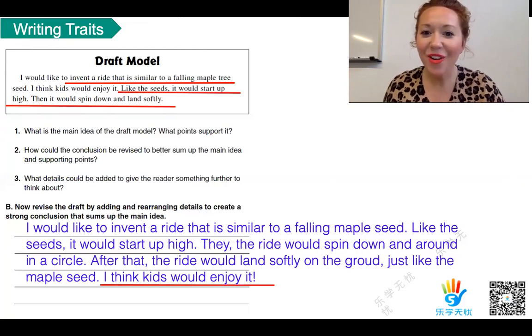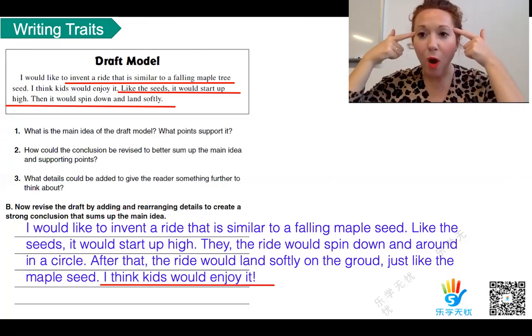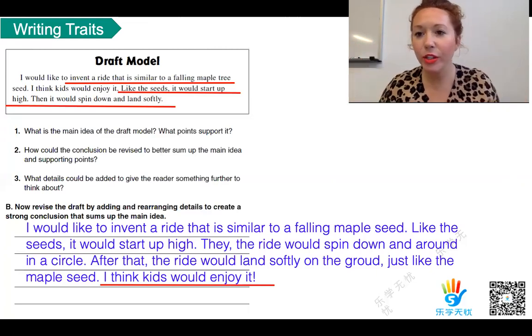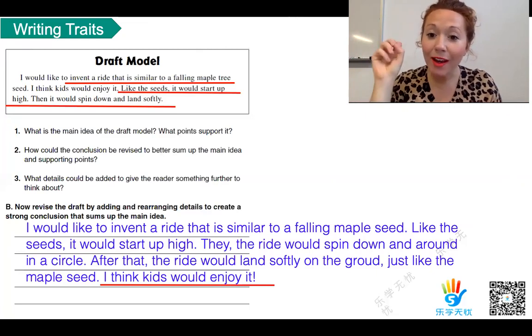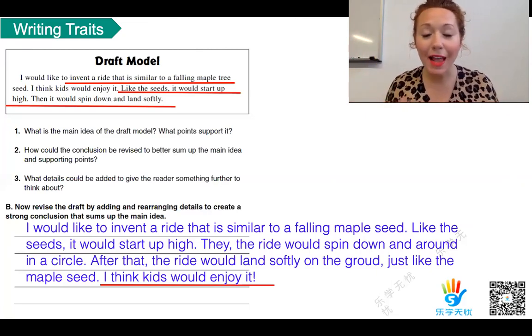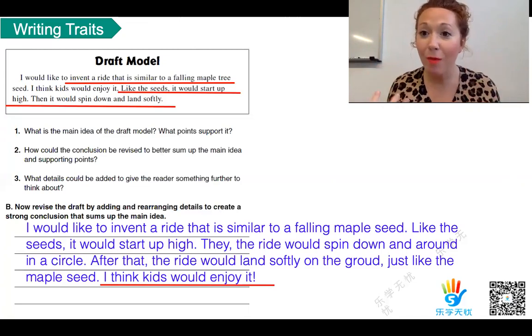Then the ride would spin down and around in a circle. So this gives us a better visual of what the ride is actually going to do. After that, the ride would land softly on the ground, just like the maple seed. I think kids would enjoy it, okay? So this is a much better structure to our draft model. Good job.